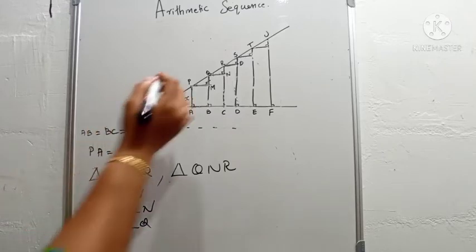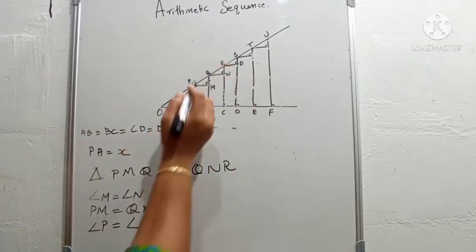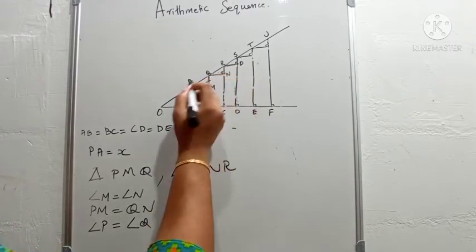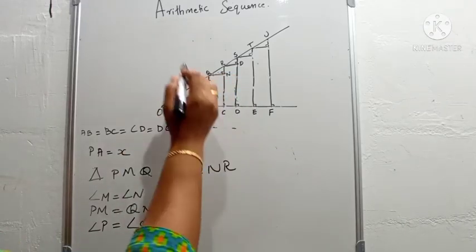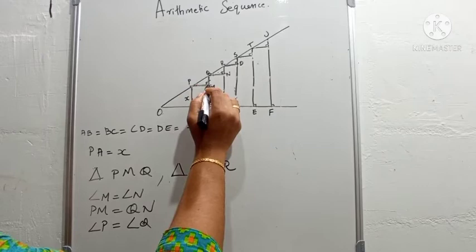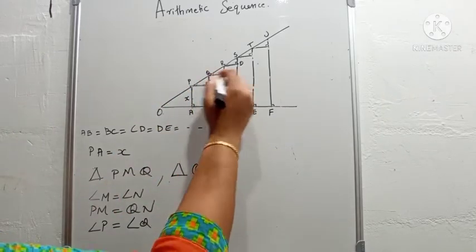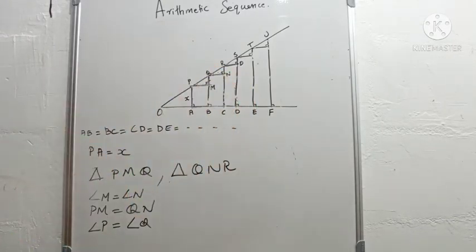So, for triangle PMQ and for triangle QNR, we have one side of each triangle and two angles on it equal. Right? One side and two angles on it of triangle PMQ are equal to one side and two angles of the triangle QNR.